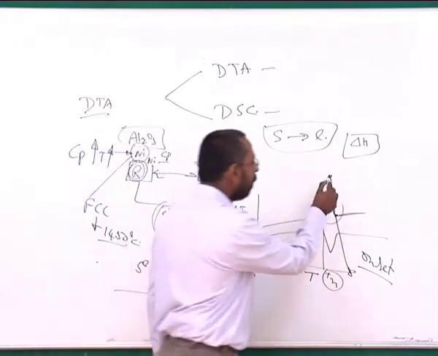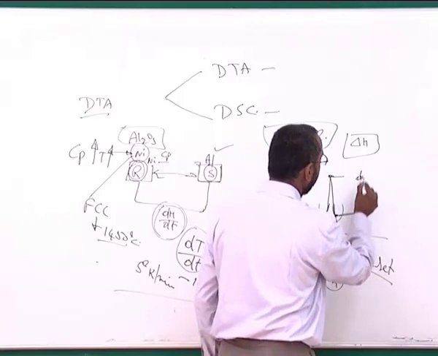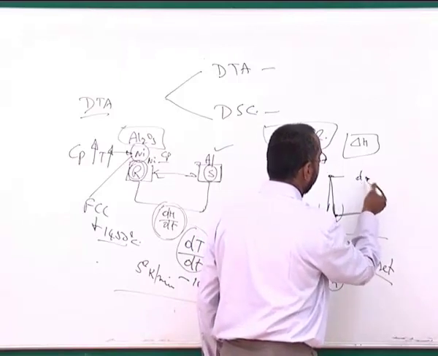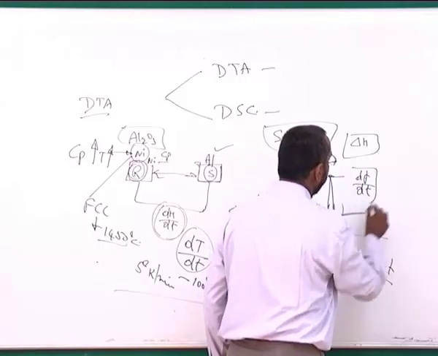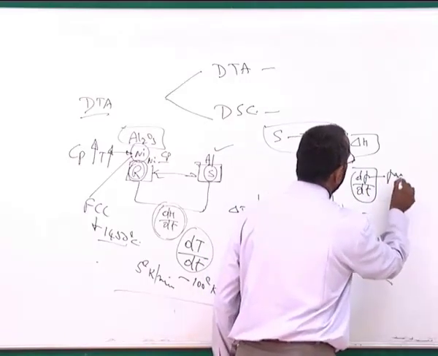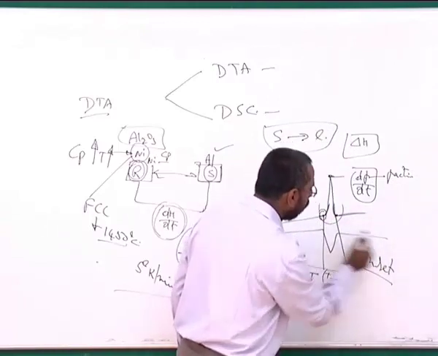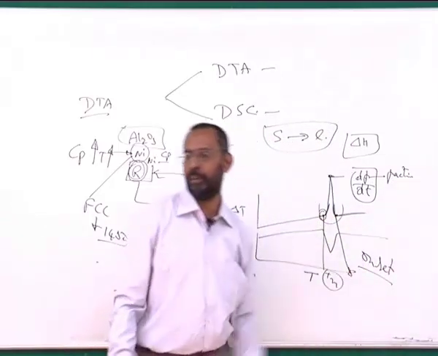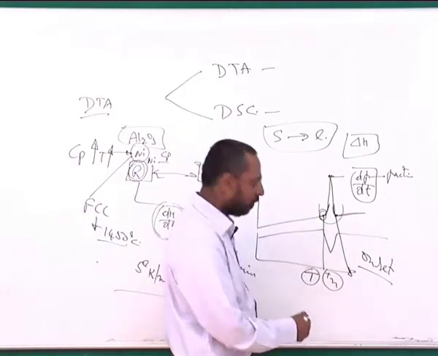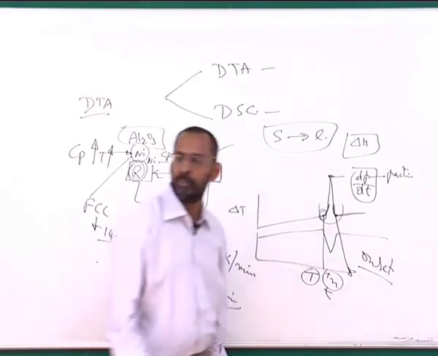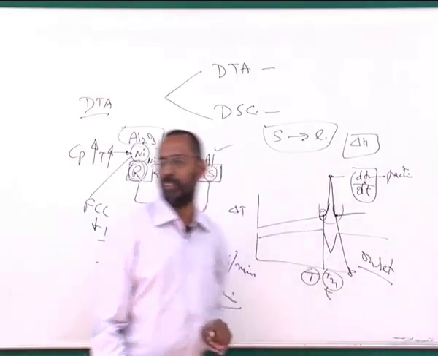So the peak always indicates where the rate of the transformation, df by dt, where f is the fraction transformed, is the maximum, because from the onset to the offset the whole material is undergoing the transformation. And here, though we are talking of temperature, in principle this can be talked of in terms of time also. It is during that time interval the transformation is taking place.